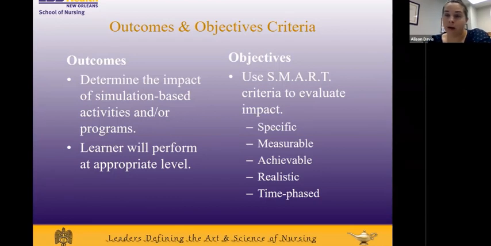I think of Benner, we use that a lot in our courses for their goal for the course. But remember, outcomes can be programmatic, course, or task specific. If you think about a course outcome, your learner in your 6315 is going to perform differently than your graduating senior, hopefully. You want them to perform at that appropriate level, so your outcomes should reflect that. And we all know SMART, and we just went over this.